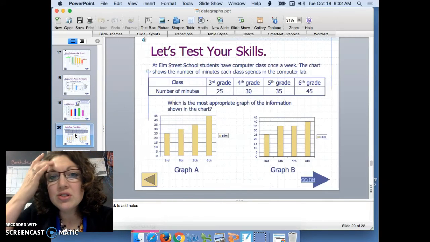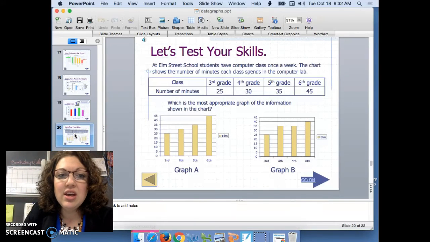At Elm Street School, students have computer class once a week. The chart shows the number of minutes each class spends in the computer lab. Which is the most appropriate graph of the information? So here they're showing third grade has 25 minutes, fourth grade has 30 minutes, fifth grade has 35 minutes, sixth grade has 45 minutes.